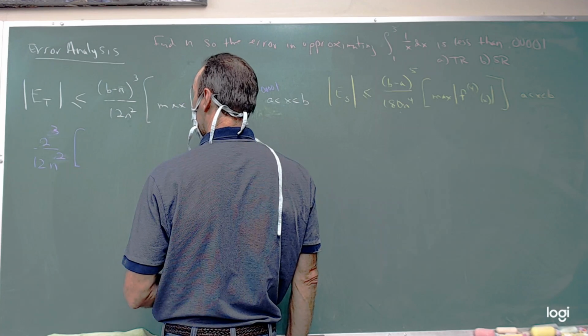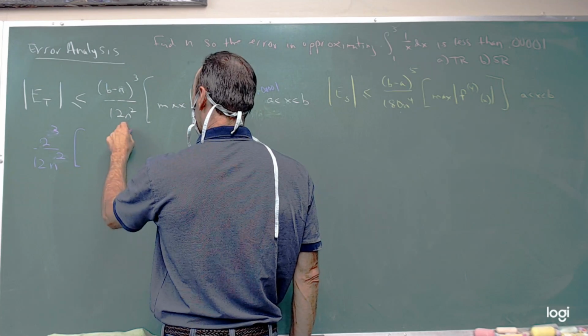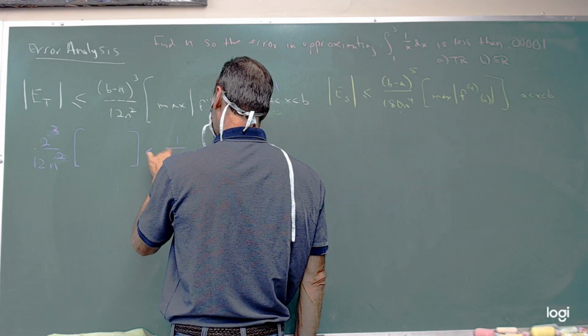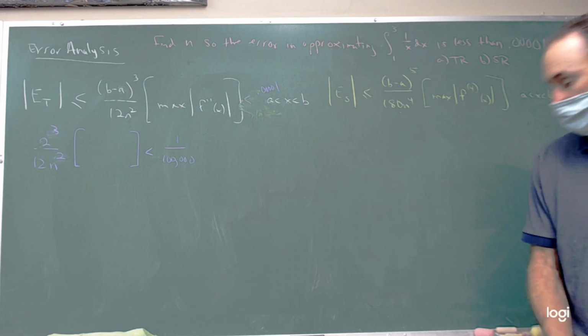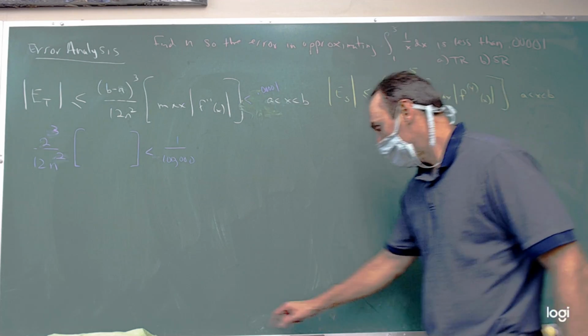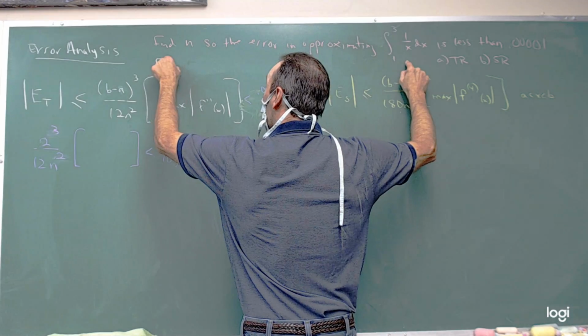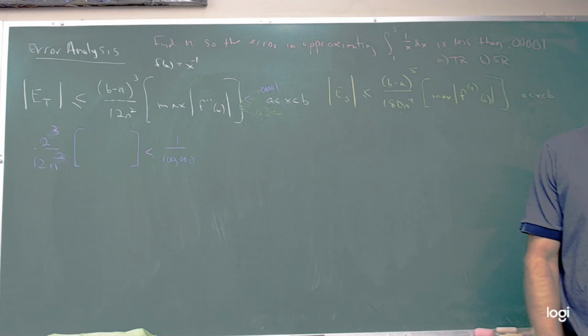So we want this. Now we need the maximum of the second derivative to be less than, and we're going to call this 1 over 100,000. Okay, so let's talk about this second derivative. Our function is f of x equals 1 over x, which for derivative purposes we're going to think of as x to the negative 1.